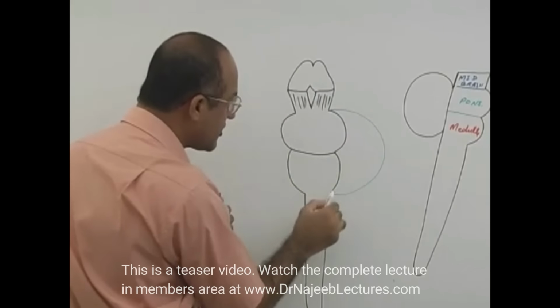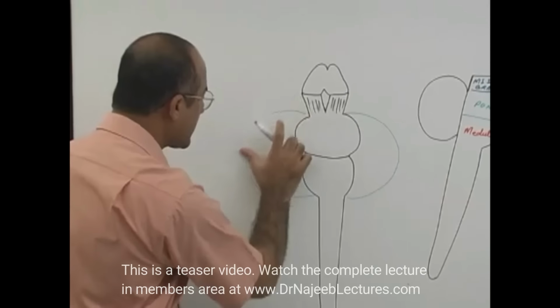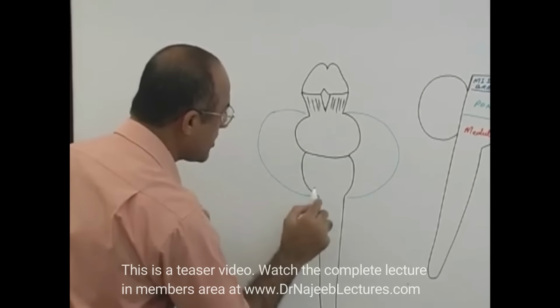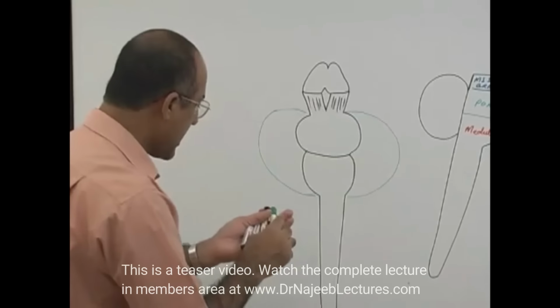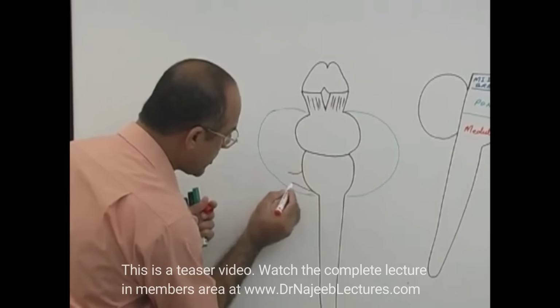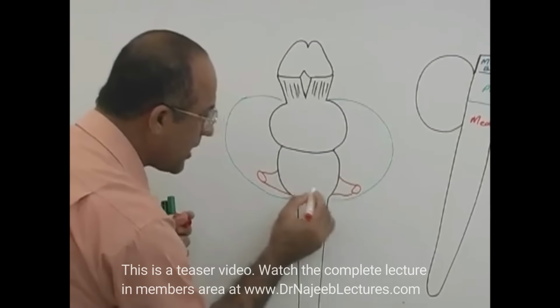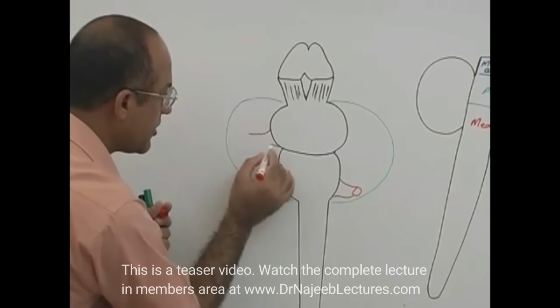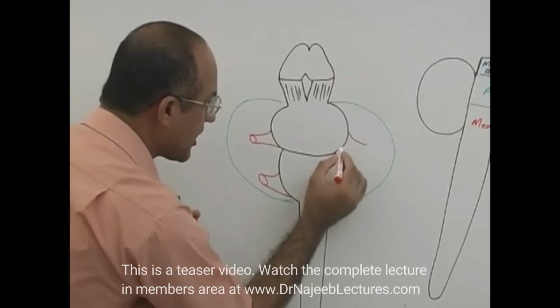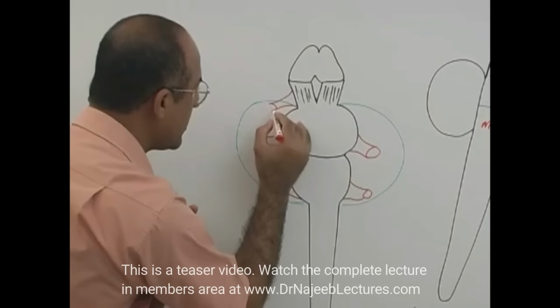And on the side, what is this? Cerebellum. In the same way, there are connections from the brain stem to the cerebellum, through the inferior cerebellar peduncle, here the middle cerebellar peduncle, and this is the superior cerebellar peduncle. This is a functionally drawn diagram, not anatomically.